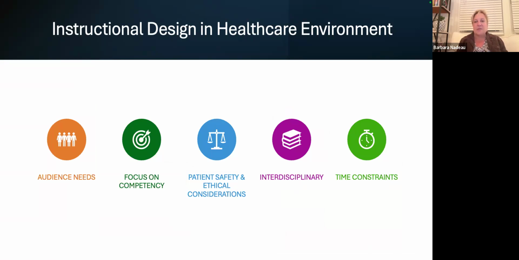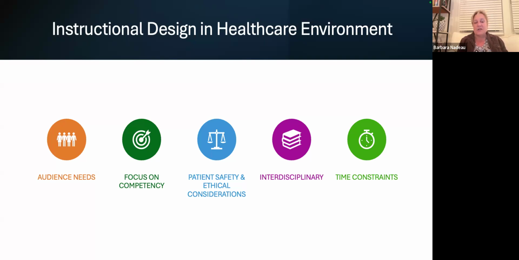There's a real focus on competency and mastery of practical skills, and perhaps even demonstrating that competency as part of the training. We have to always think about patient safety and ethical considerations at a different level than in a higher ed classroom. And when we're sharing information or talking about cases, we need to keep HIPAA compliance in mind and think about how what we do might impact patients.